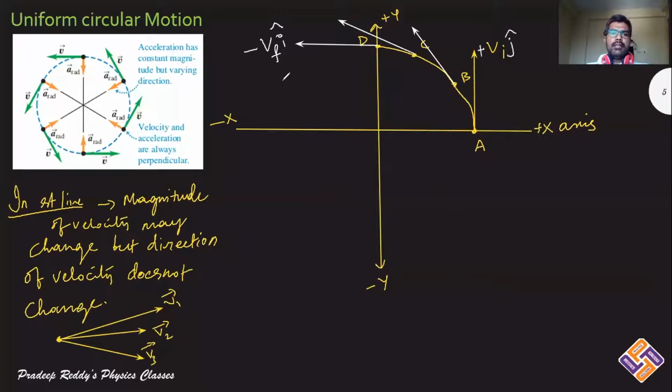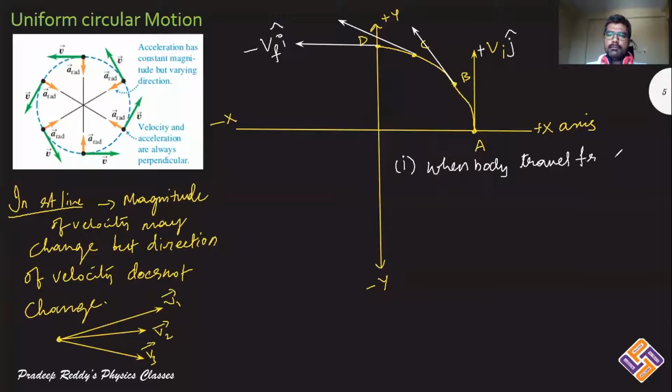So what is your observation? When the object is moving from A to D, the direction of velocity is continuously changing, even though the magnitude may remain the same.